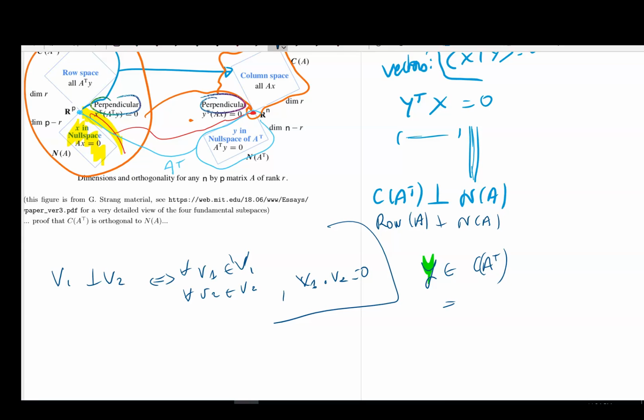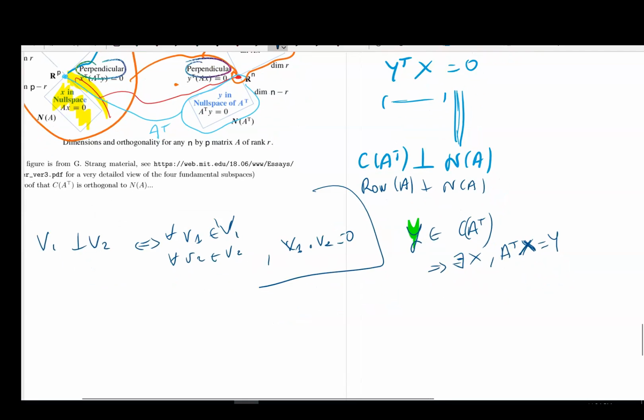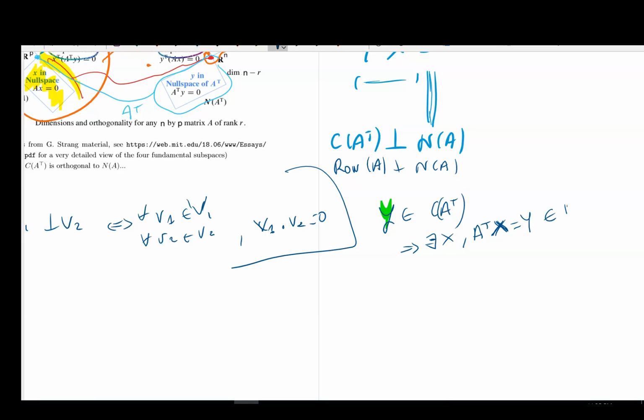What does it mean? It means that there exists X such that AT times X, the usual matrix vector product, is equal to Y. So this thing, of course, belongs to RP.